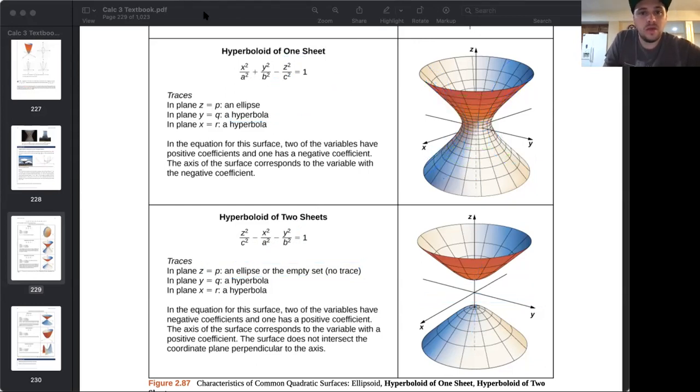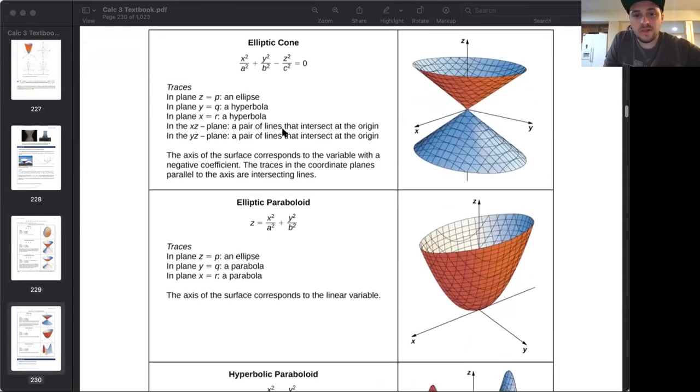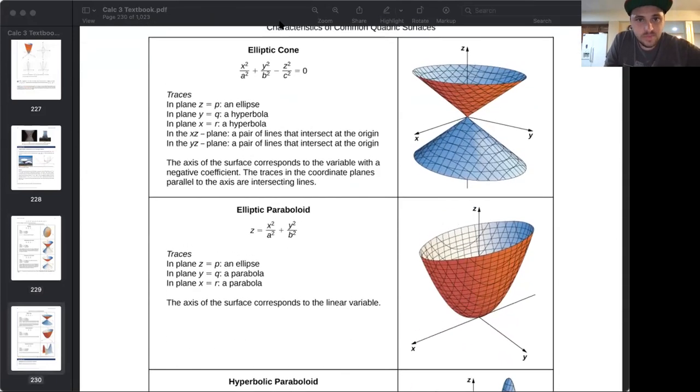So now let's look at some more here. Here we have an elliptic cone. We can look at something parallel to the XZ plane, and we see we have an ellipse, right? If you take a slice of these cones in the XY planes, you're going to get ellipses.